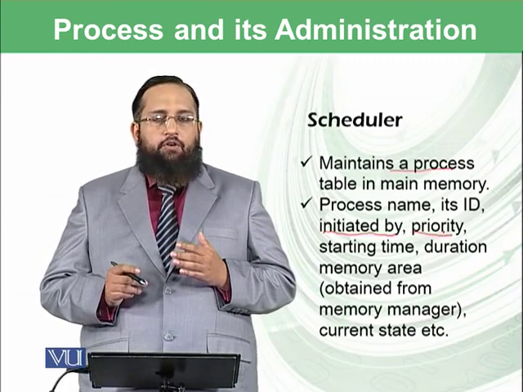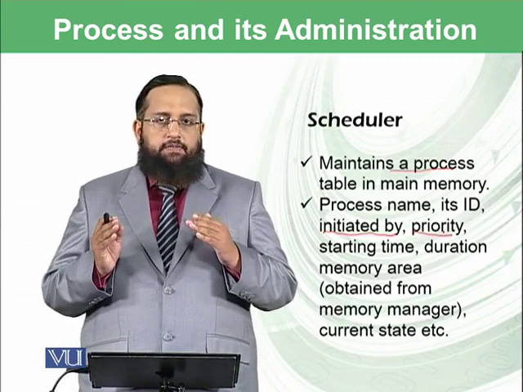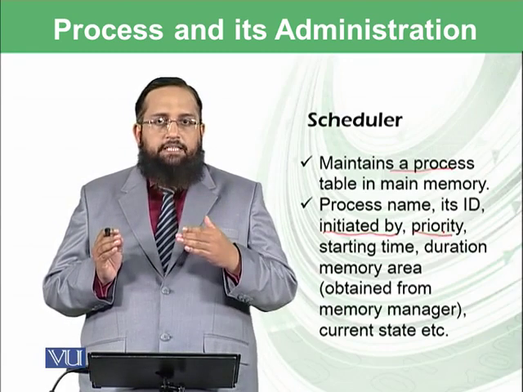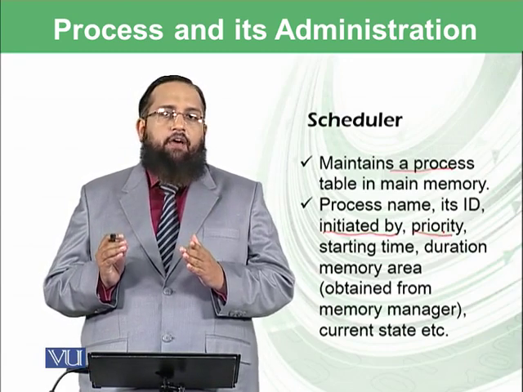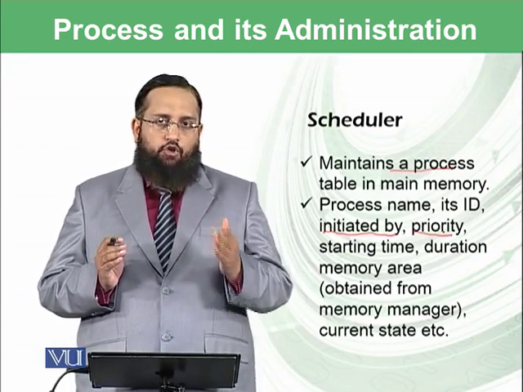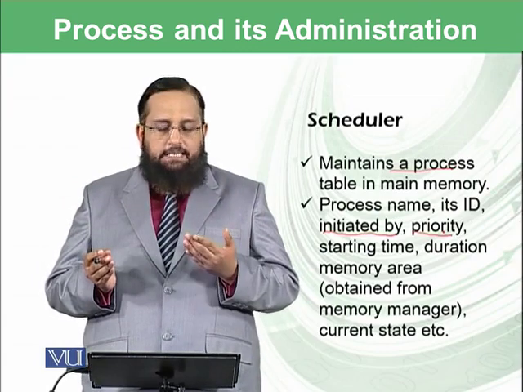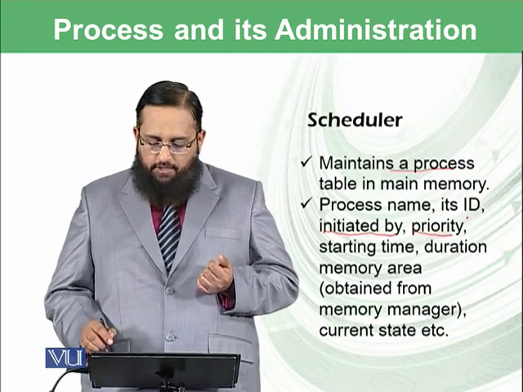For example, some processes may be of highest priority and need to be executed first, even if they have arrived later in the queue. That could be another approach to execute the processes. So it also stores such priorities.